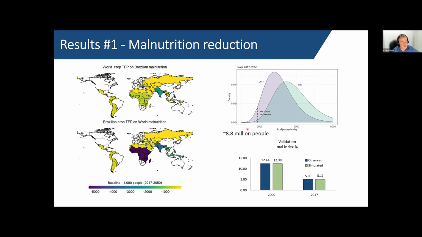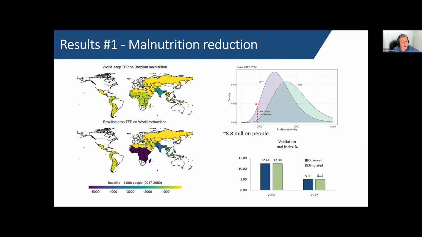This is super important now in Brazil, because after these 2 years of pandemic, we returned to 1990 levels of hunger and food insecurity. So it's an important drawback.